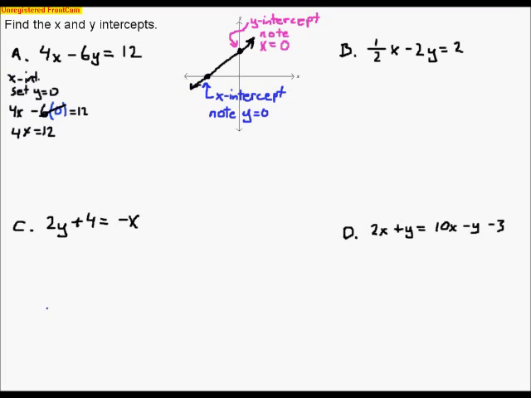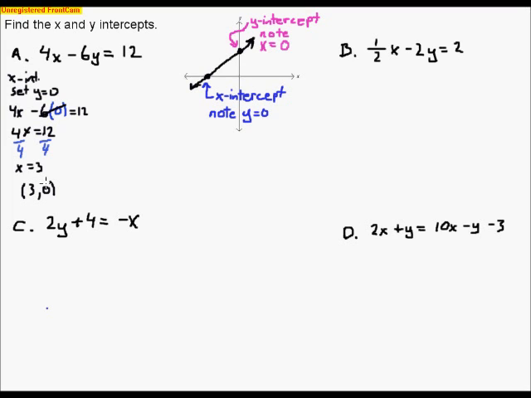From that point, all we have to do is one opposite operation, just divide by 4, and we'll have our x-intercept. So when we do that division, we now have x equals 3. We can write that as an ordered pair. So when y was 0, we got x is 3. So that's why 0 goes in place of the y term, and the x term is 3.